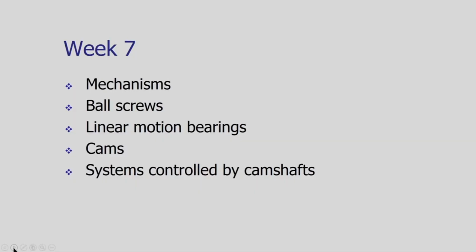We will see about linear motion bearings, various types of cams. Cams are a very useful mechanism and are widely used in the automation industry. There are certain systems which are controlled by camshafts. Some of these systems we will study in this lecture.